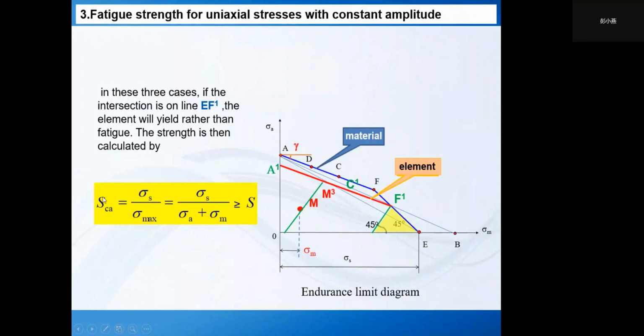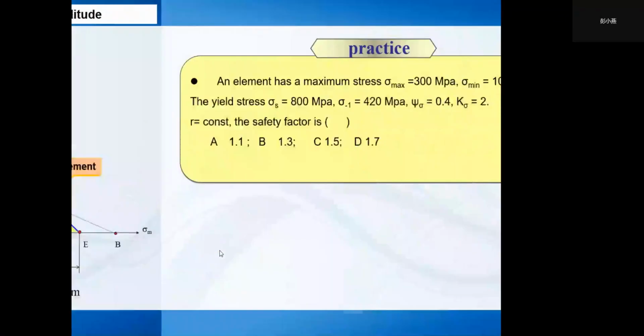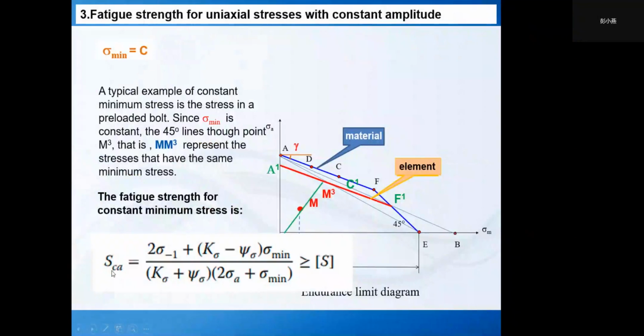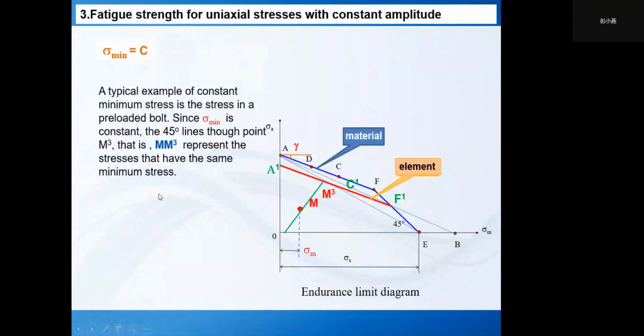The calculated safety factor should satisfy this. And this is the safety factor for the three conditions. Okay.